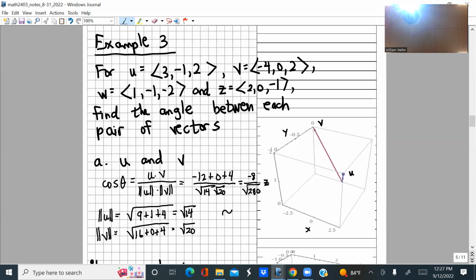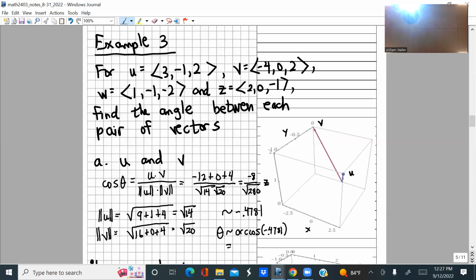Okay. So at least slightly bigger than 90 degrees. What is this approximately? -8 over square root of 280. Minus 0.4781. Okay. And now just take the arc cosine of that with your calculator, right? So arc cosine or cosine inverse of minus 0.4781.